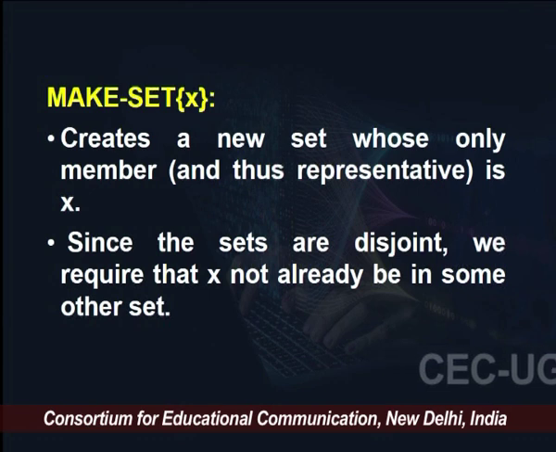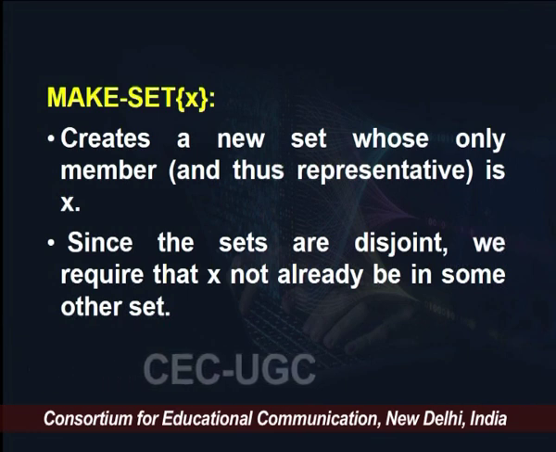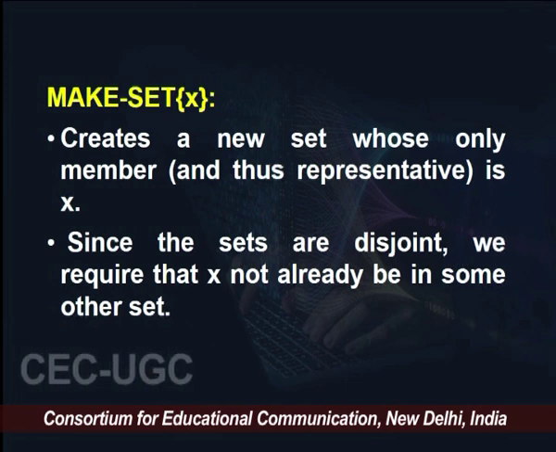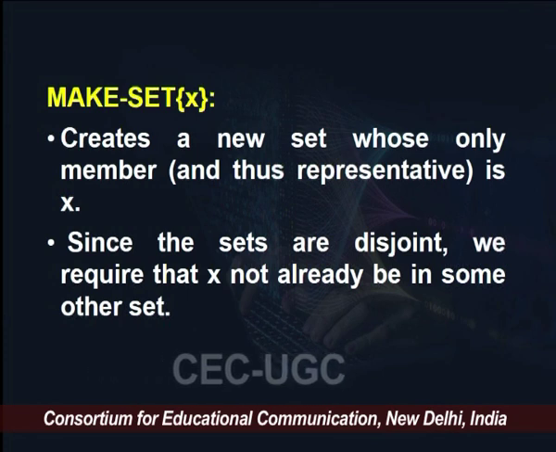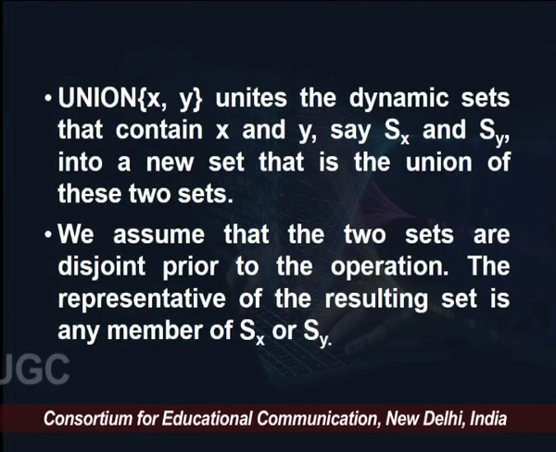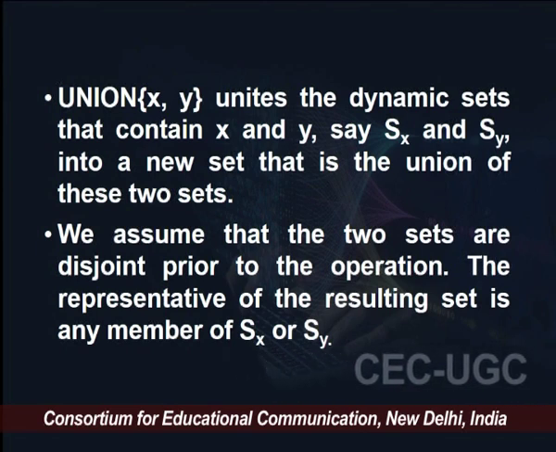If X is already present in some other set and you create a new set with the only member X, this is going to give you a clash. That means the sets are no longer disjoint, but here we are looking for only disjoint sets, that is the condition.